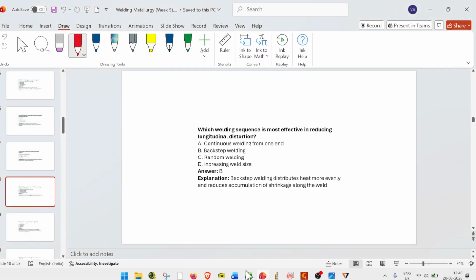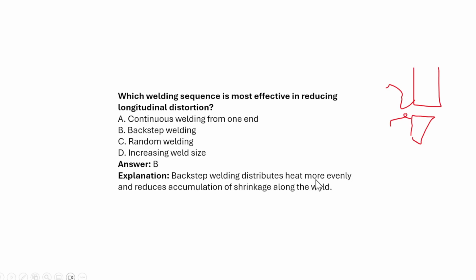In back step welding, we do one pass forward, then again one pass in the opposite direction, so the stresses generated here will be complemented by these stresses, which makes it uniform, with less residual stress, resulting in less distortion. So backstep welding distributes the heat more evenly and reduces the accumulated shrinkage along the weld.